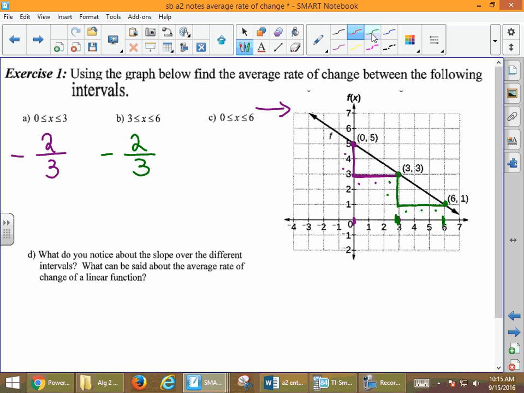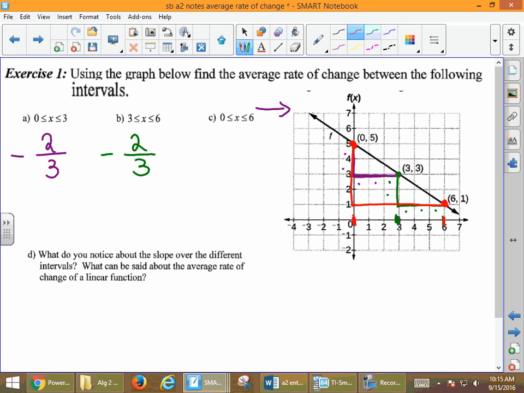Well, our third value here, 0 is less than or equal to x is less than or equal to 6. X is between 0 and 6. We're going to look from here to here. So we can start at this value and we can go to this value. But remember that average rate of change, like slope, is rise over run.